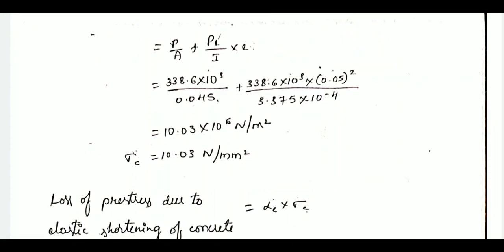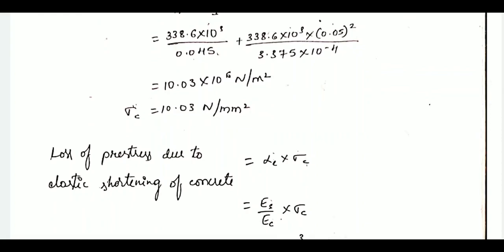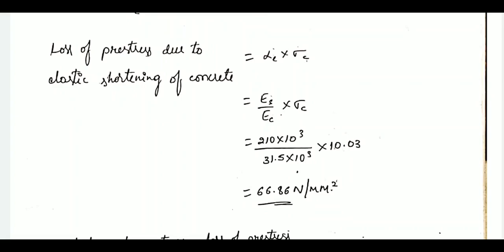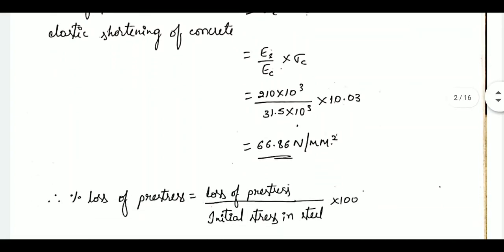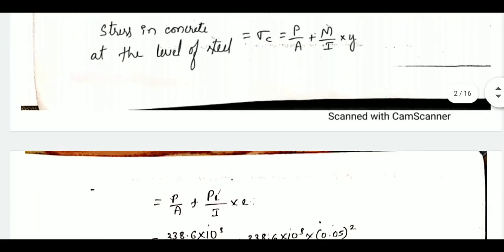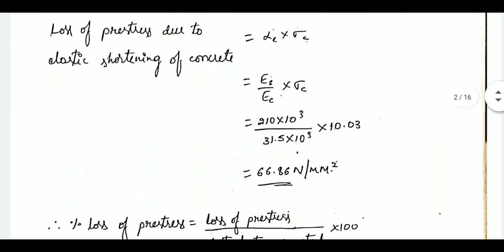So here we have calculated sigma C. So loss due to elastic shortening, we have formula modular ratio into stress in concrete at the level of steel. So we have modular ratio, elastic modulus of steel by elastic modulus of concrete, into stress in concrete at the level of steel. I have calculated this. So here we have total pre-stressing force, and this is the loss.